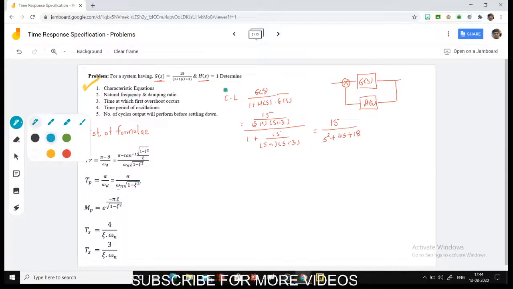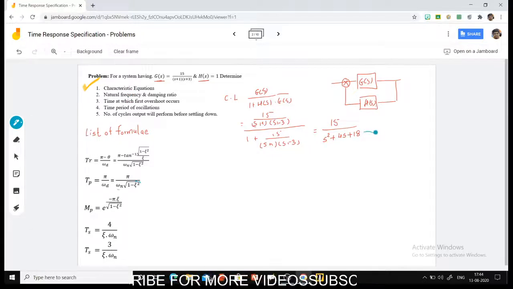The characteristic equation is the denominator of your closed loop transfer function. So you can write your first answer as: the characteristic equation for this given transfer function is s square plus 4s plus 18. Then we have to find zeta and omega n.